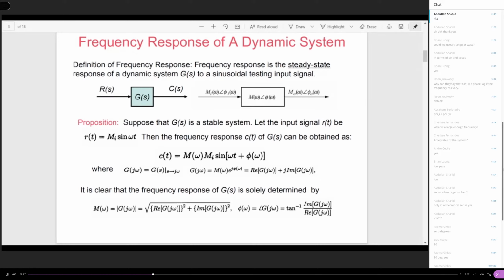I want to use an oscillating signal to test the system and see the capability of the system to respond to different kinds of frequency signals. I want to vary the frequency omega and see how the system is going to respond to that. That's the reason.